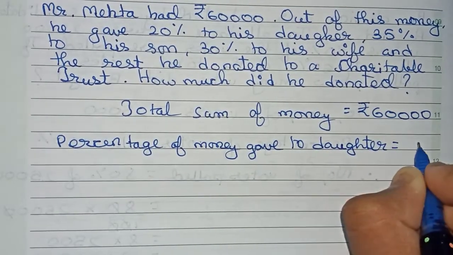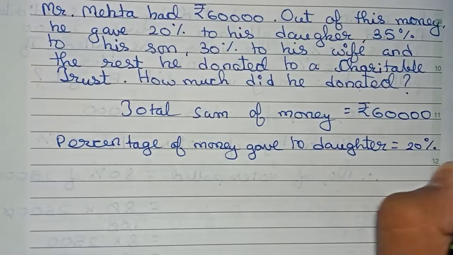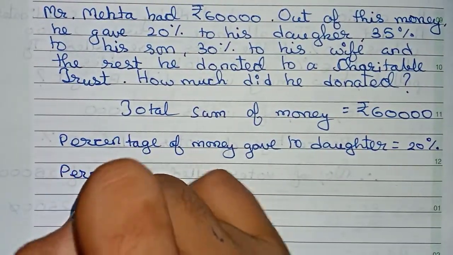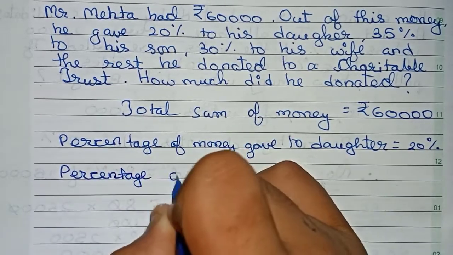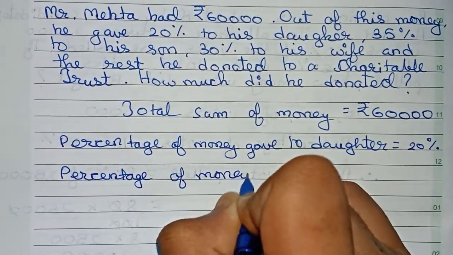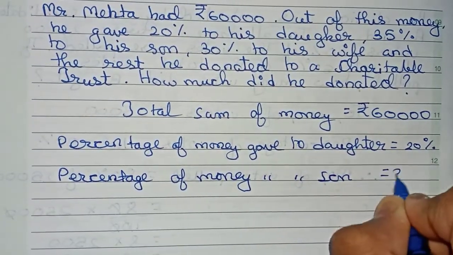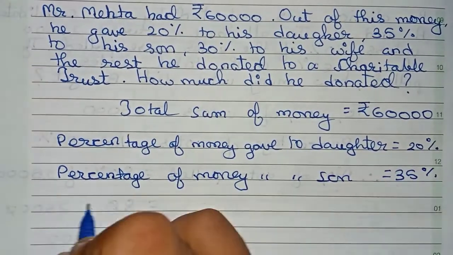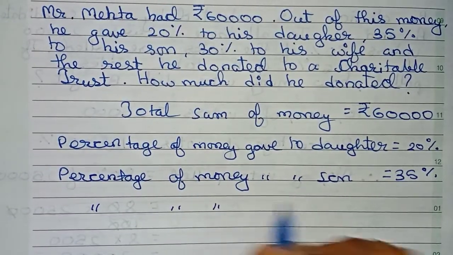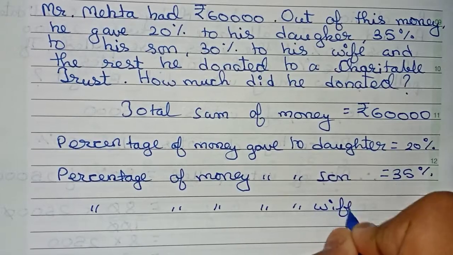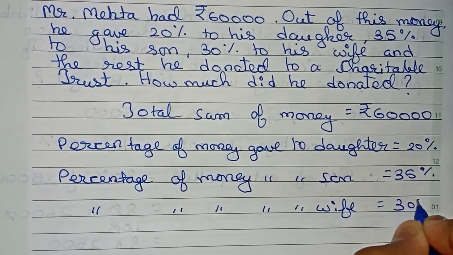It is given that he gave 20% of the money to his daughter. Now the percentage of money given to his son is 35%. Finally, the percentage of money given to his wife is 30%.